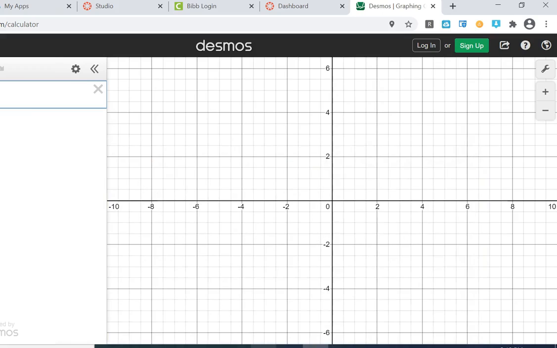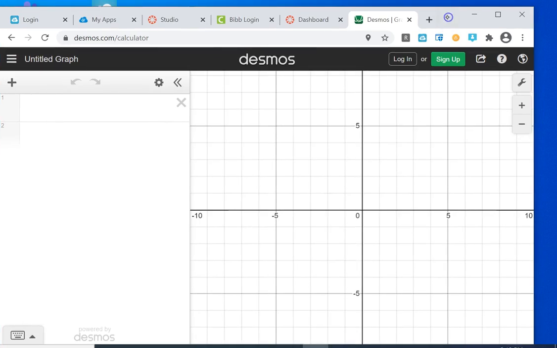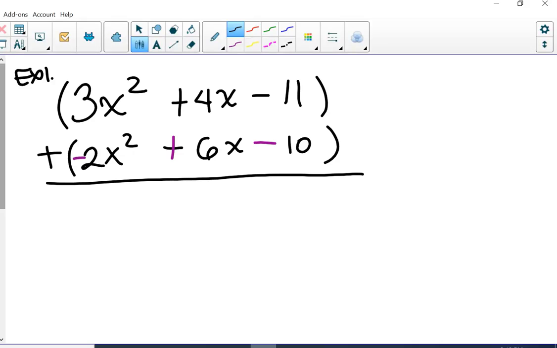You could put it in, and I'm going to minimize it where you can see it. You just type in the corner there and type in 3 plus minus 2. And it's going to calculate it for you. See, it's equal to 1. So use Desmos if you're not comfortable with adding your different signs. Well, even if you're comfortable, just to make sure.